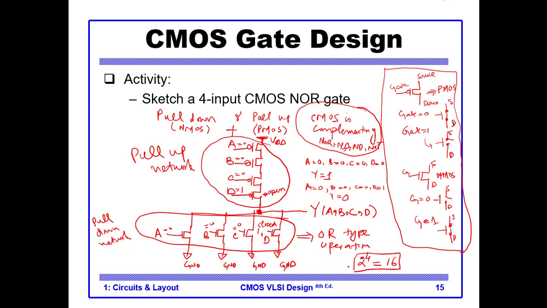So down for ground, up for VDD. If you want to design OR type function, OR type operation, the connection should be in parallel. And if you want AND type of operation, the connection should be in series.